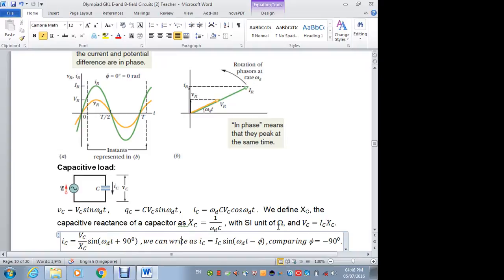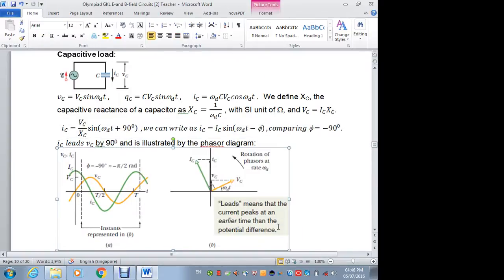So VC equals IC XC, right? So IC is VC over XC sine omega t plus 90. Where do you get the 90? Probably this one you have to refer to a diagram later on.